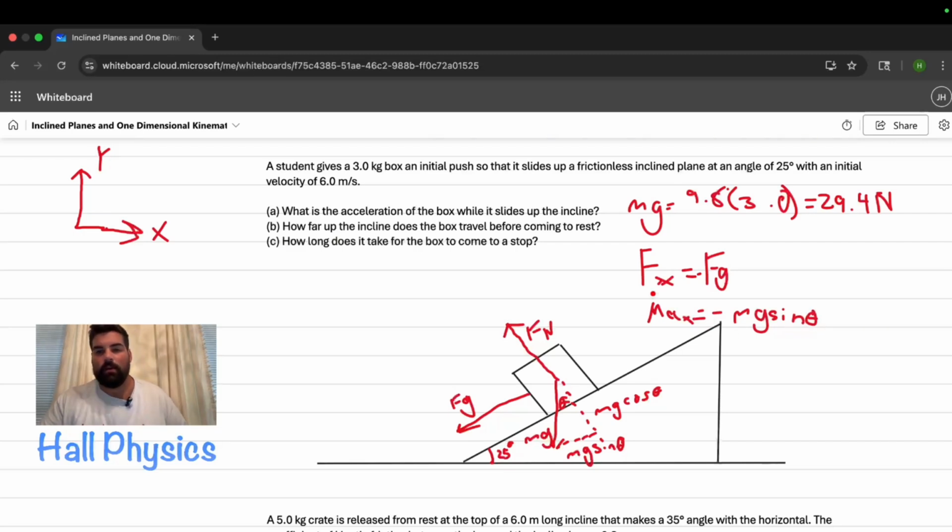Okay, we can go ahead and cross out the mass in here, and we can establish that the acceleration in the x direction is equal to negative g sine theta.